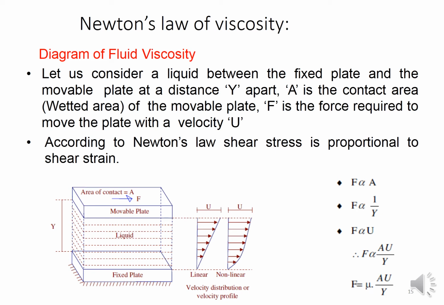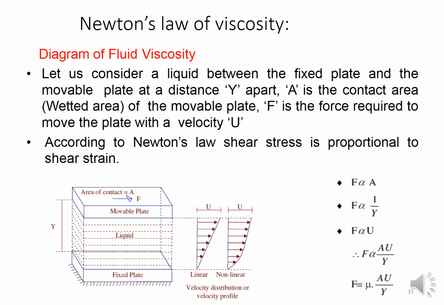So Newton's law of viscosity. Let us consider liquid between a fixed plate. You can observe in the diagram, a fixed plate and layers of liquid are there, and on top there is a movable plate. The movable plate has area A, and force F is applied there, and the fixed plate and movable plate are at a distance of y.